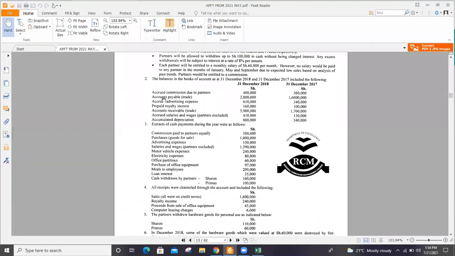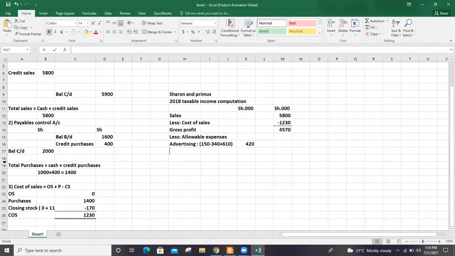So that is advertising. Prepaid royalties will come later. Receivables, we've taken care of them. Salaries and wages, that is an expense. How much did we pay? We paid 1390. So you have salaries. At the beginning of the year was it a prepayment or an accrual?